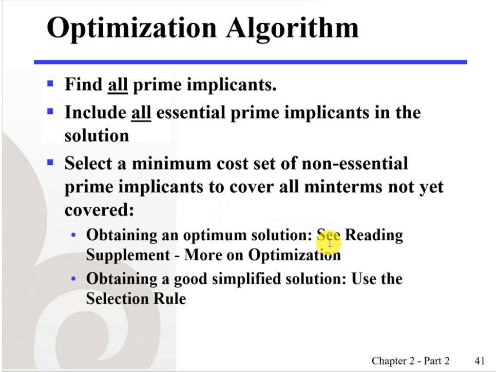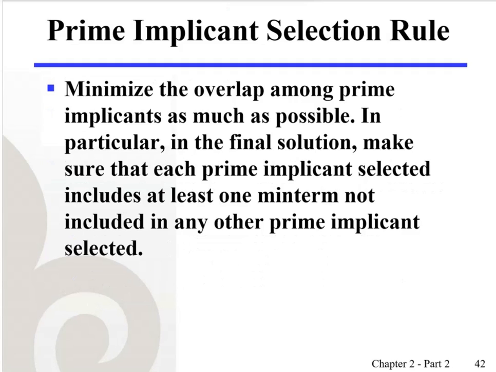So if you want to obtain the optimum solution, or if you want to obtain a good simplified solution, there are two different objectives. For obtaining the optimum solution, we can read more on optimization in the reading supplement of the textbook. But now let's take a look at the good simplified solution case. We want to use a selection rule. The selection rule is very simple, based on prime implicant selection.